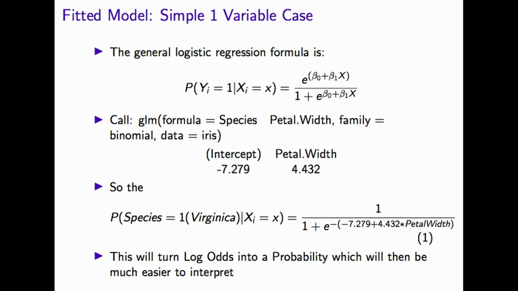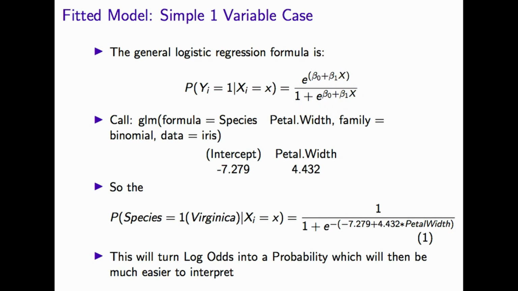So if we wanted to put this into context of our problem with the probability that the species equals 1, which in our problem is the Virginica flower, given xi equals x, we would have the following equation right here. And this just turns our output from the log odds into probability, which is given from our output, but this is the equation to turn what you have given in the R output into a probability.